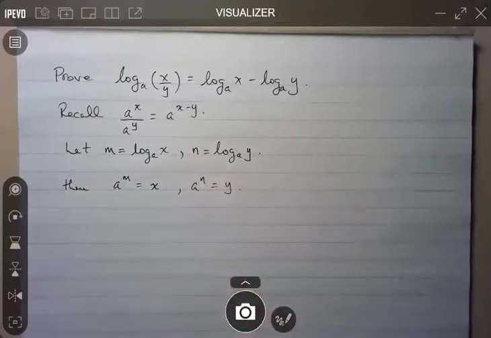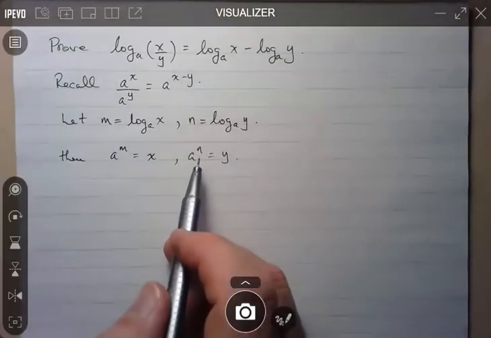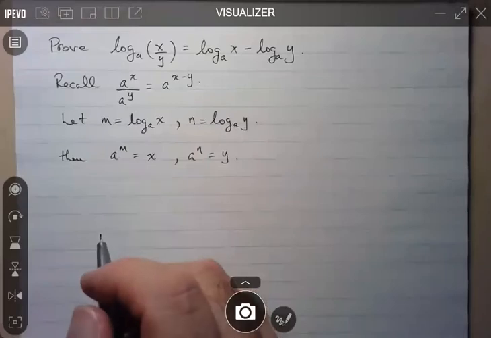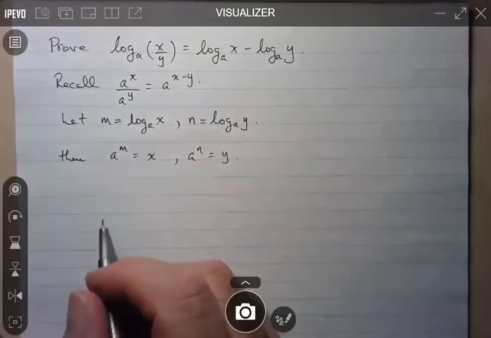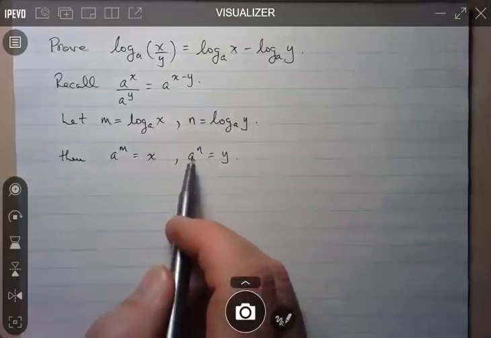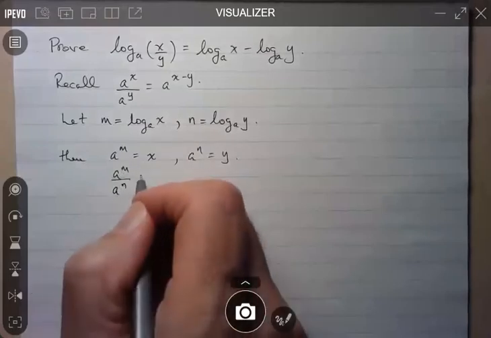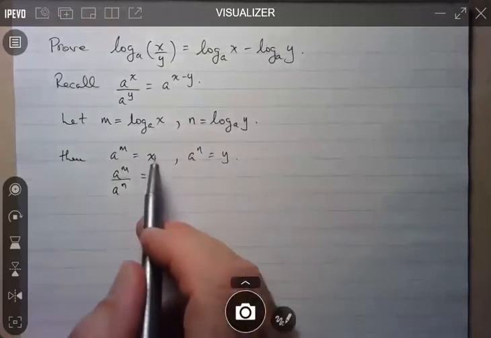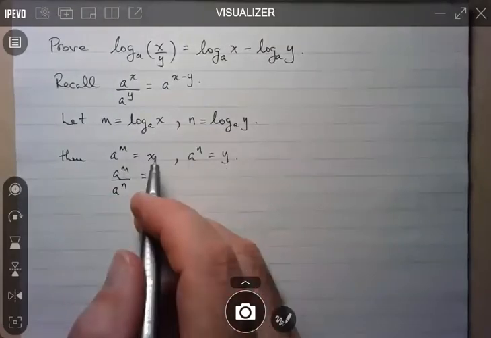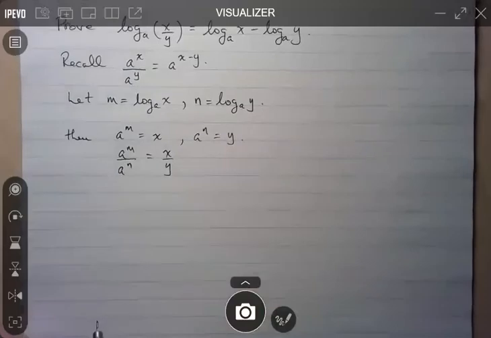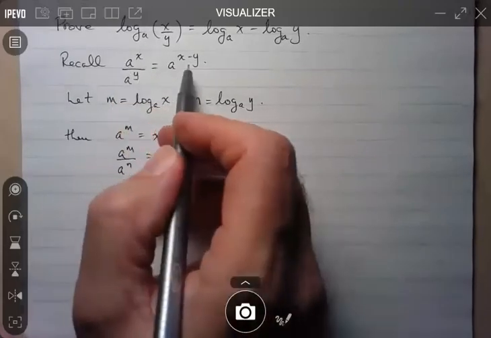All right, and the reason why this is useful is because now I can make use of my exponent law. So I'm going to divide the two left-hand sides, but then that's going to be equal to the division of the two right-hand sides, since left side and right side are equal. Now the reason for doing this is so I can apply this rule.